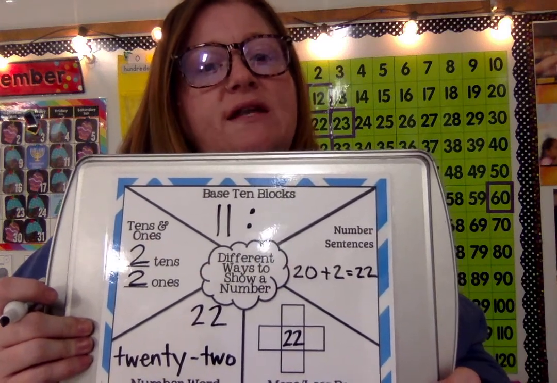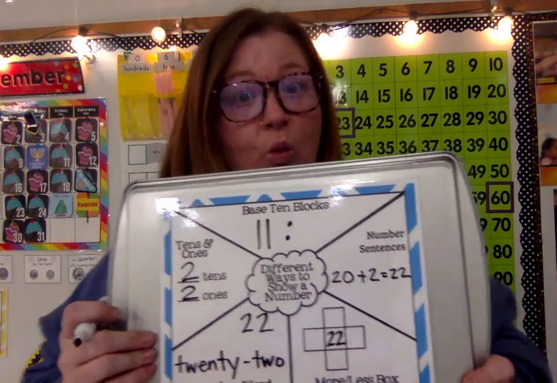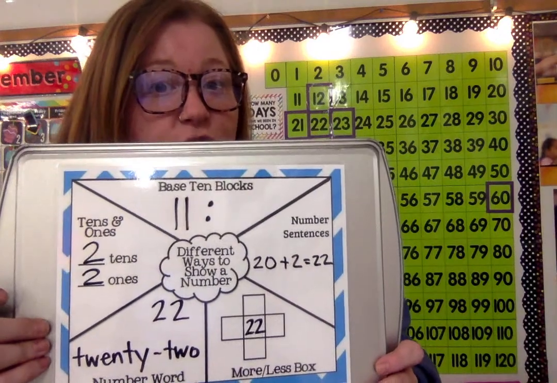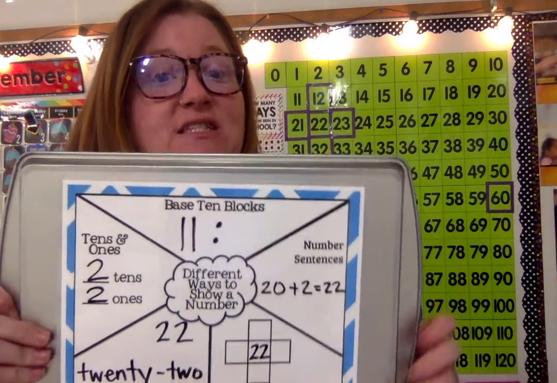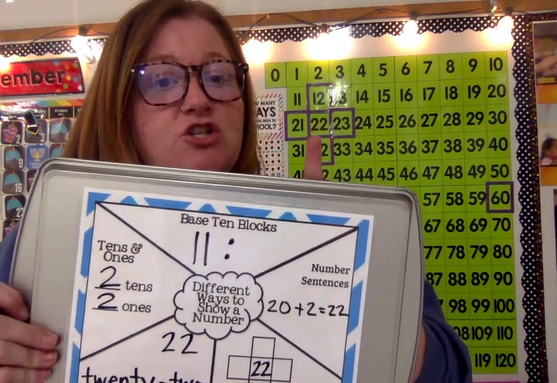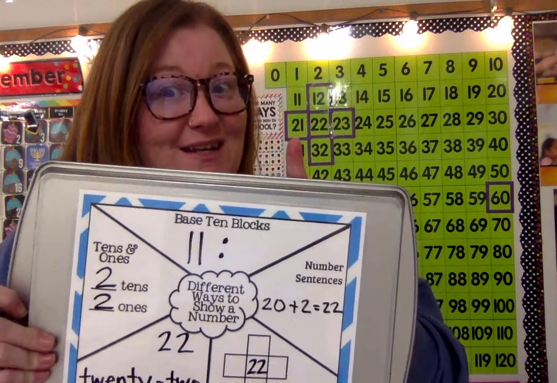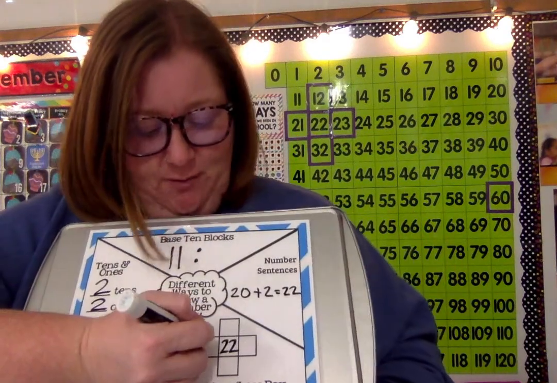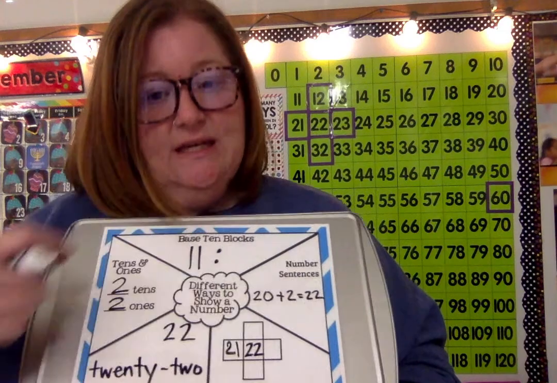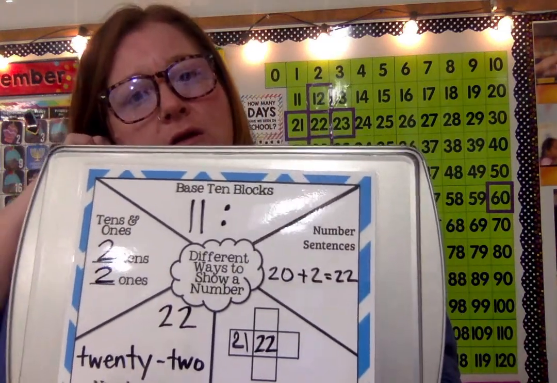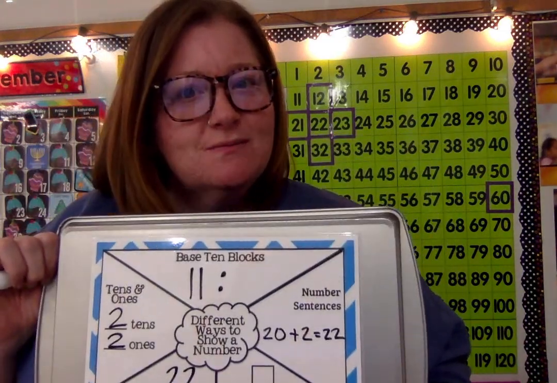Now, let's take a look at our more and less boxes. What would be 1 less? 1 less. There's 22. 1 less means it comes just before it. There's 22. Just before it, I hop back 1. It is 21. That was our number yesterday, right? 21. Have you noticed a pattern in our numbers?